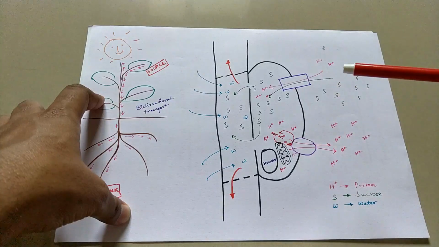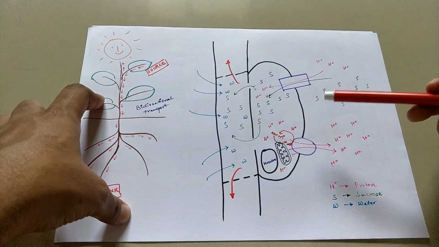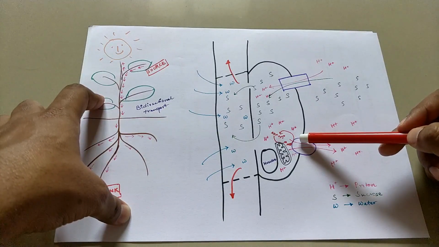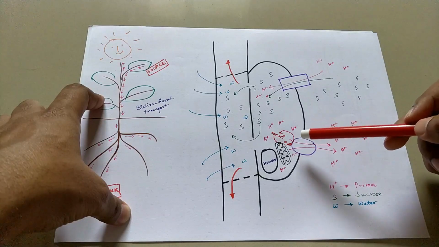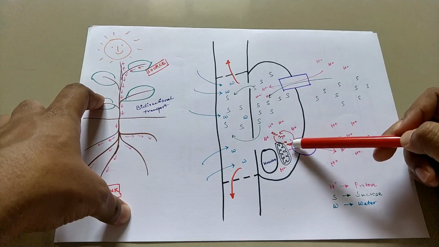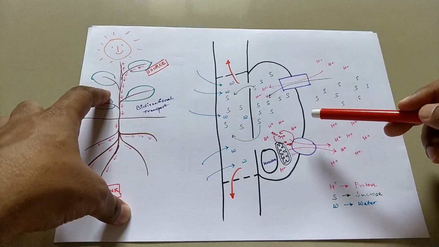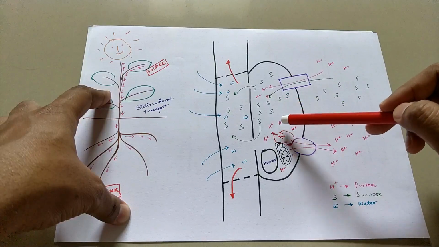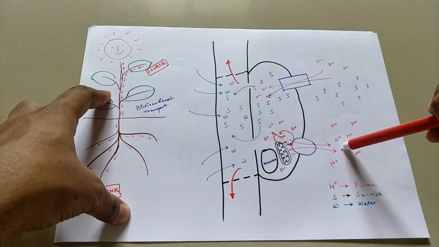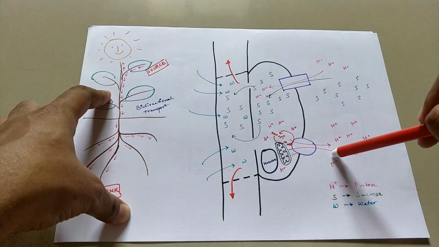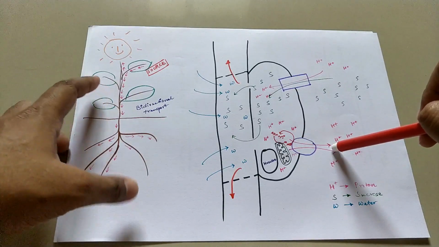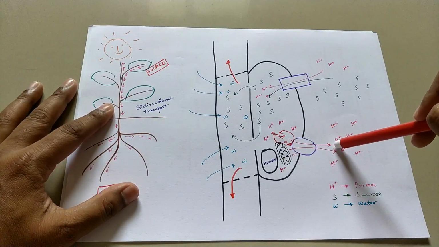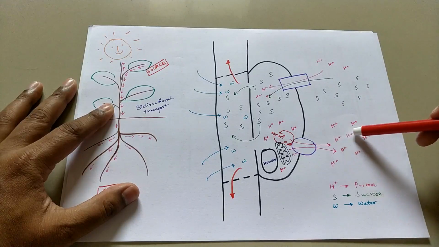The same ATP will be used up by this transport protein, I should say carrier protein, and this protein, with the help of the energy expenditure, will start transporting all the protons which are present in the companion cells outside the cell. So there will be an efflux of the protons, right?